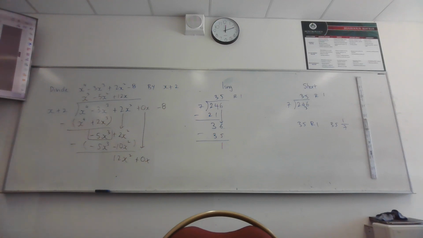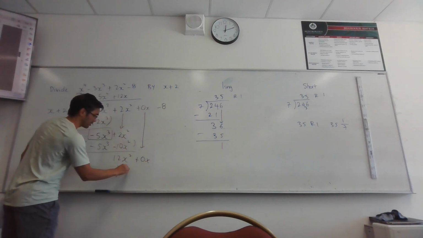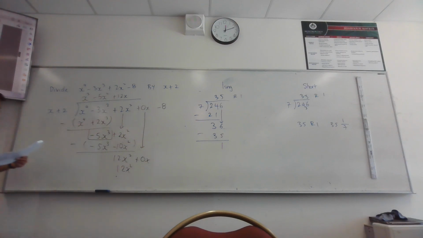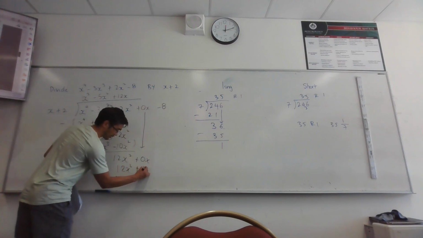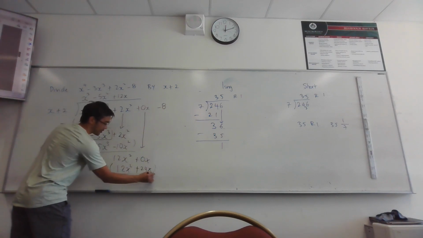So just a little bit more work. We were already on the right track here with the 12x at the top. Two needs to be multiplied with 12x, and we had the 24x as before. We take them away. What's our final answer here?